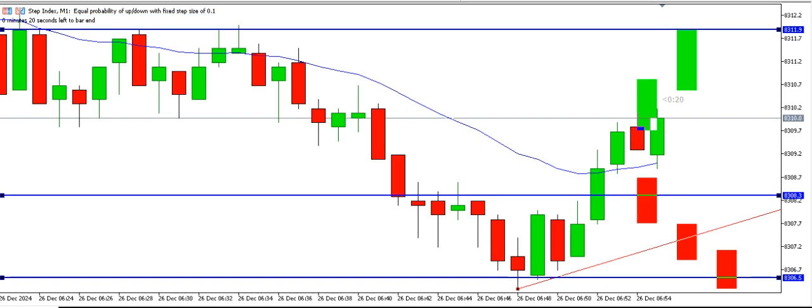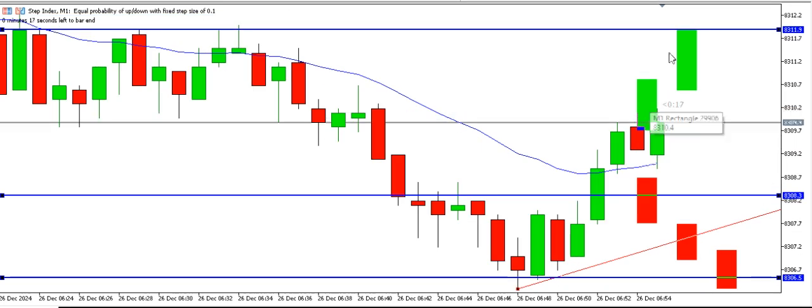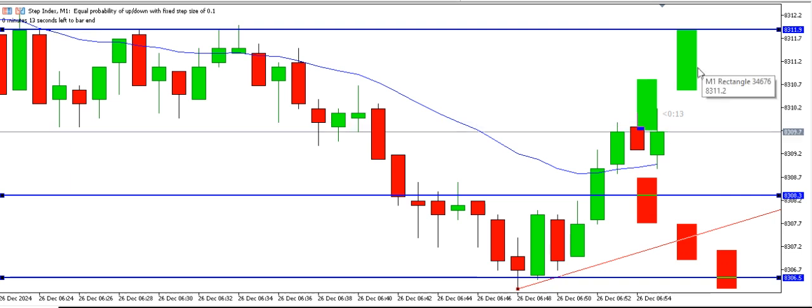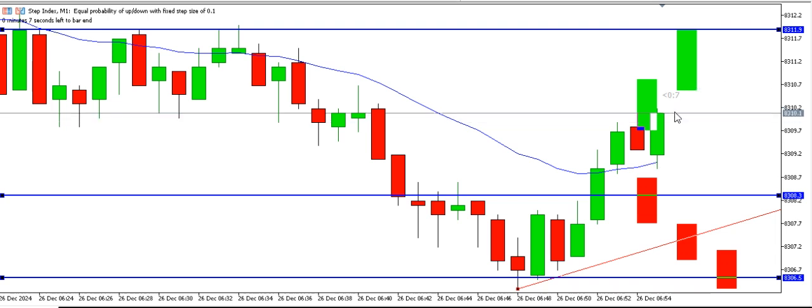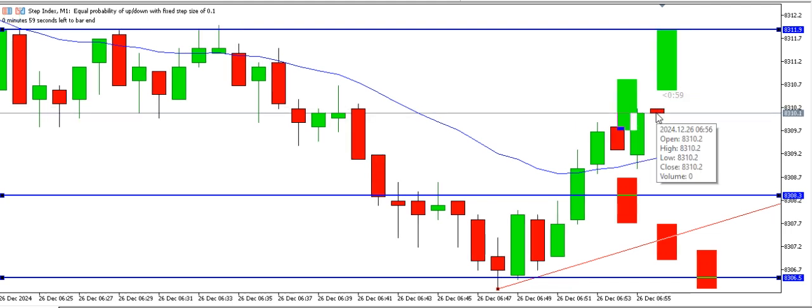But for now, on the 1 minute time frame, the buyers are stepping in now. We are possibly going to see more of buying, and that indicates I might buy. So that I buy or I sell. So that's that for how to scalp step index on the 1 minute time frame.